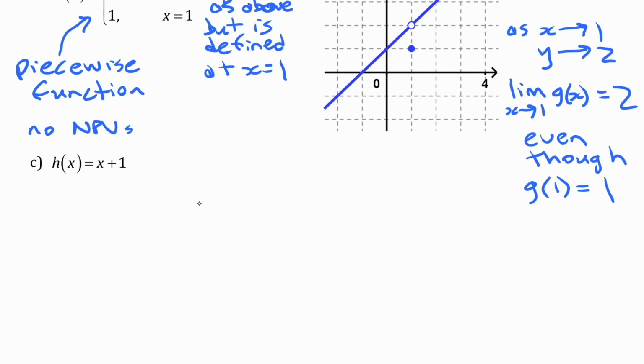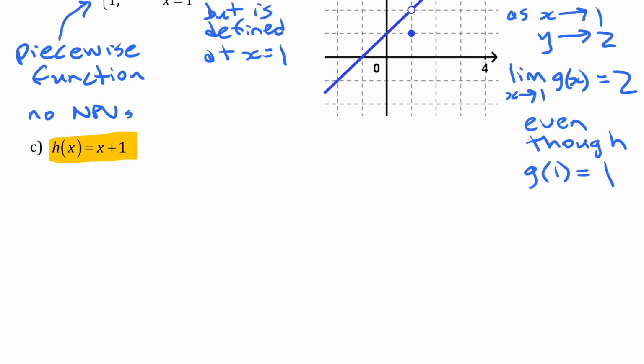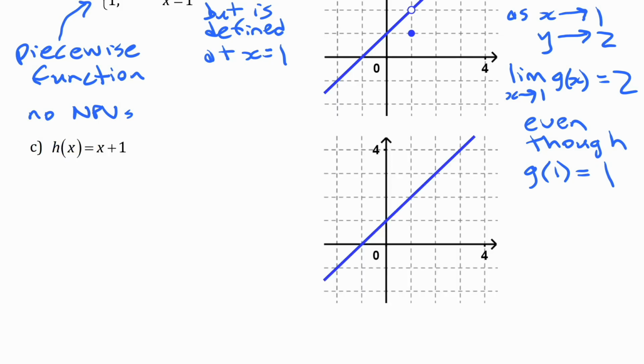The third of these related functions is just h of x equals x plus 1, which is, of course, just a straight line like that. And in this case, it's still true that as the x values get closer and closer to 1, the y values get closer and closer to 2, just like the other ones.